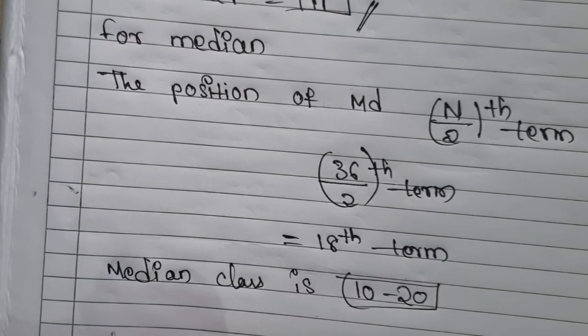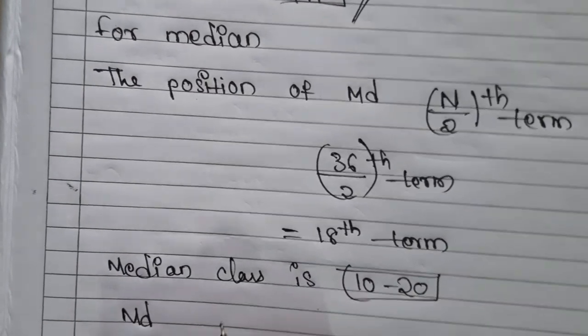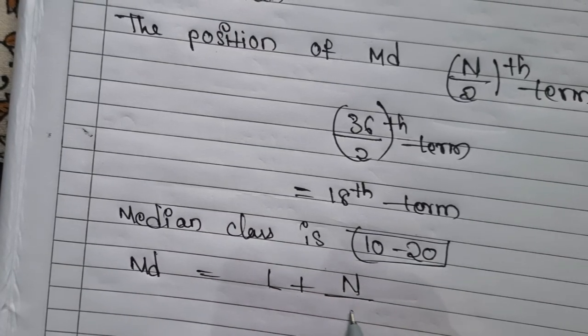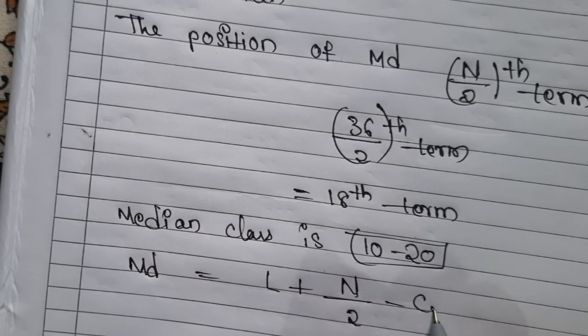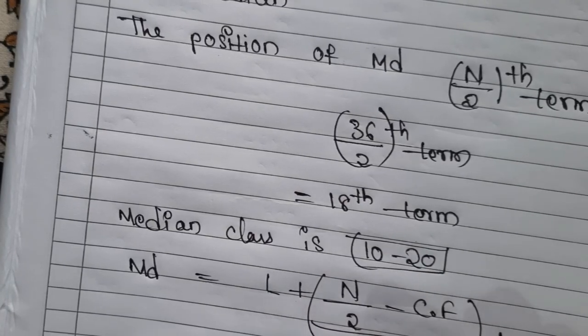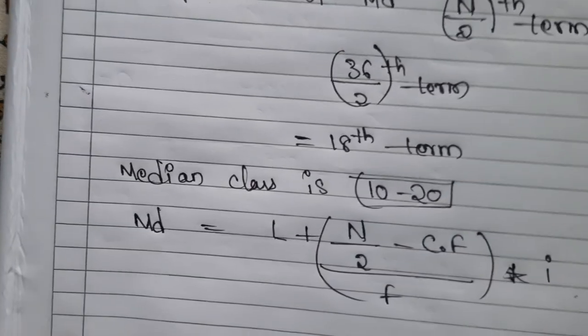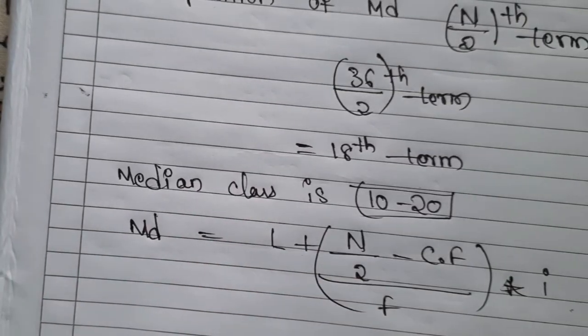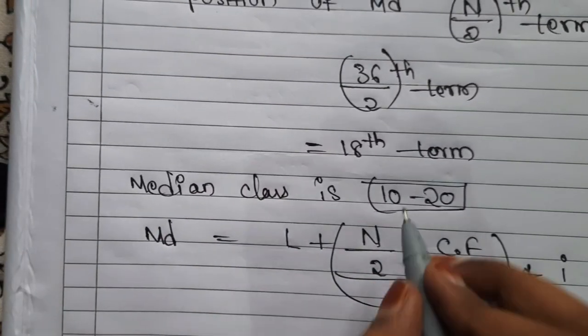Okay, so now the median formula, let us see. What is the formula of median? L plus n by 2 minus cumulative frequency by f multiplied by i. So you just take all the values into this formula. L, how much it is?